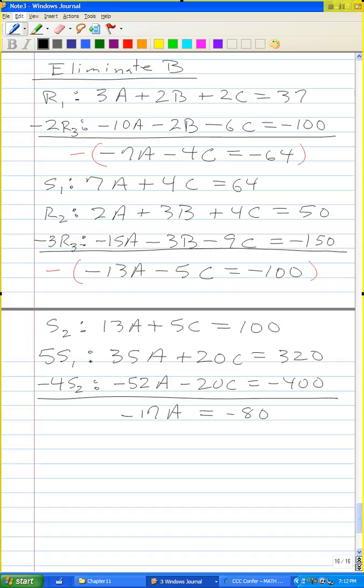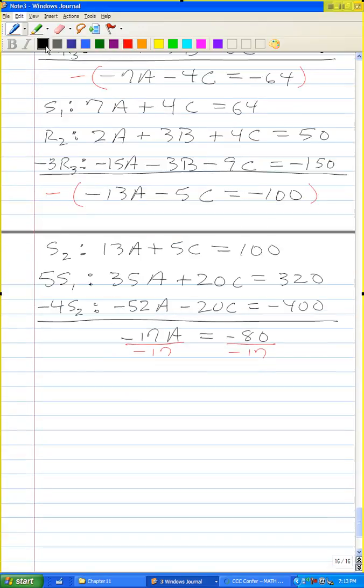Oh, that's not going to come out evenly. So that's just going to be A is 80 over 17.